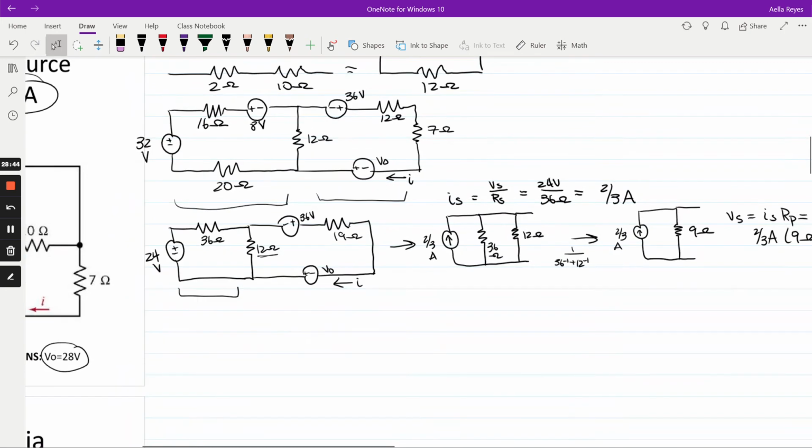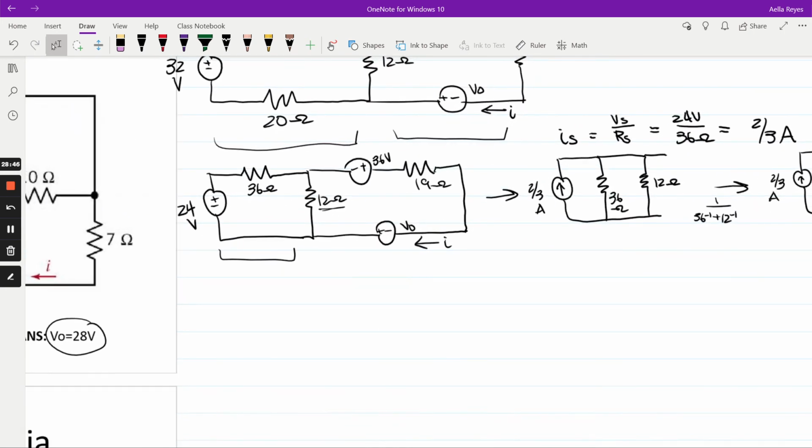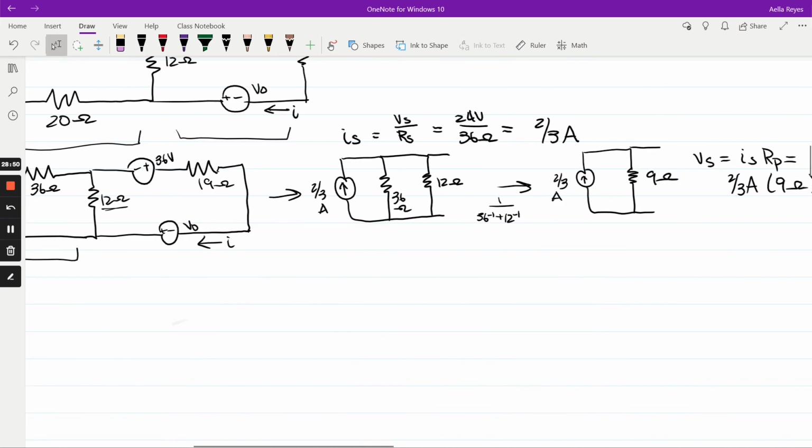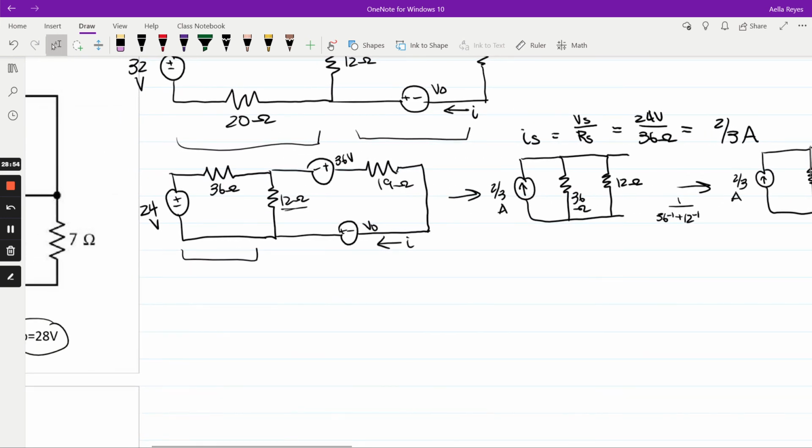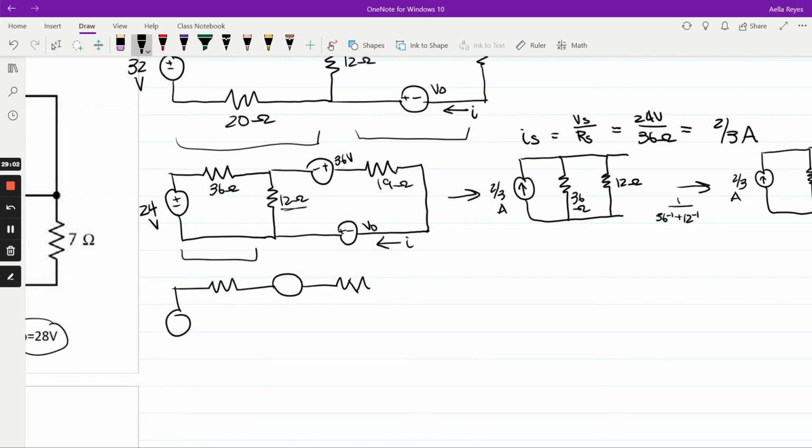Okay, so now we will build this circuit one remaining time. So this will look like this.